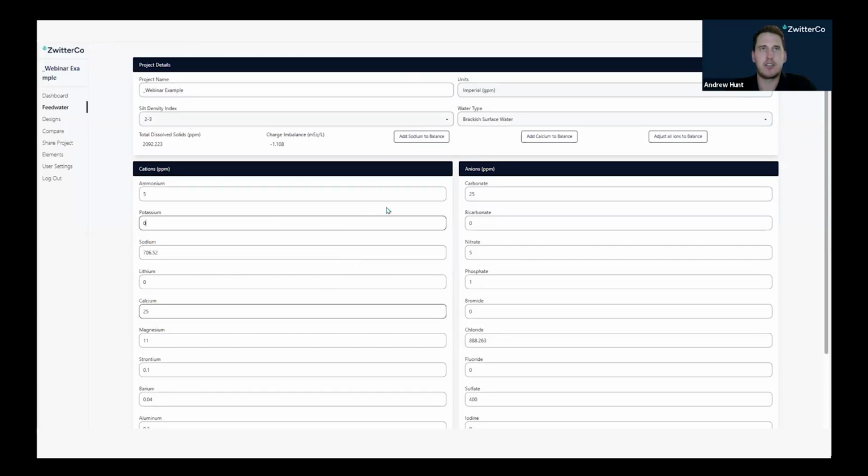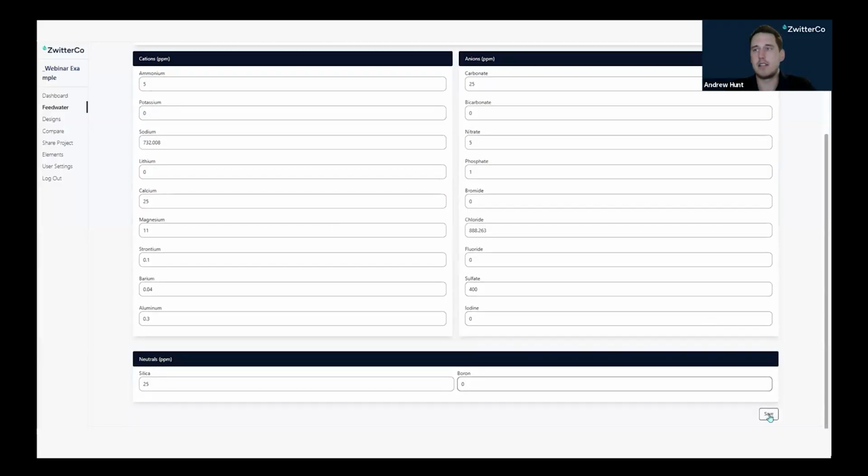And if we end up with a charge imbalance like we have here, you can change that by either adding sodium or calcium or other ions to balance. So we'll just do sodium here. And that cleanly changes the charge balance. Once you have all these parameters input, we can hit save here.